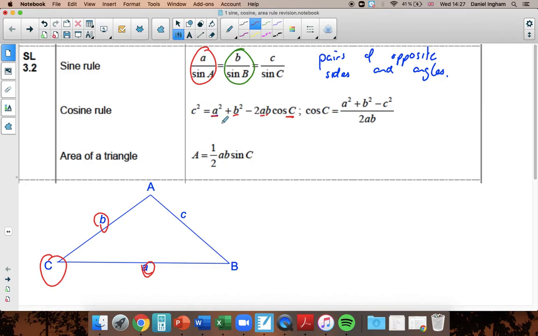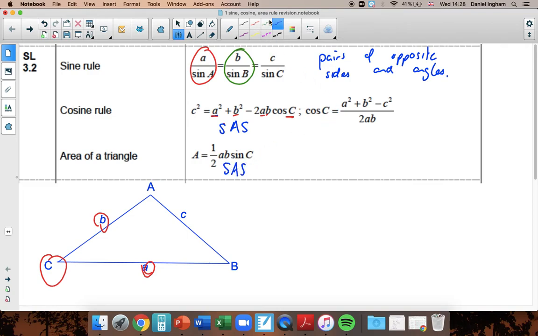And so you can use this one if you have got SAS. And also the area of a triangle, half AB sine C.